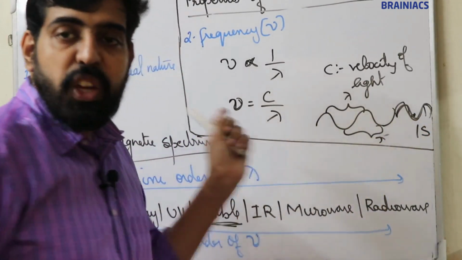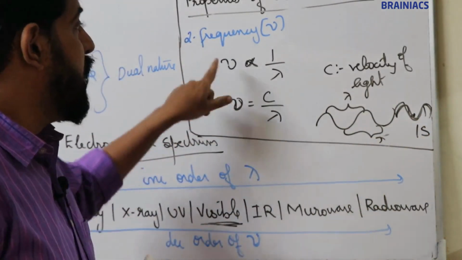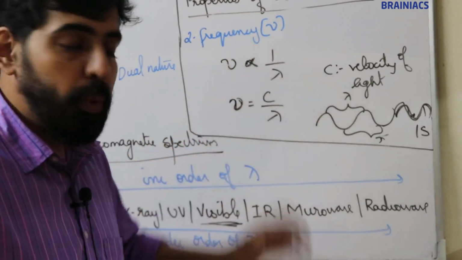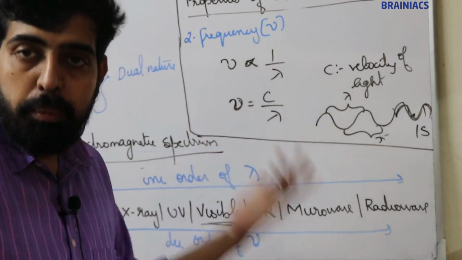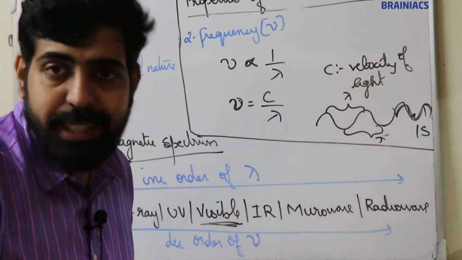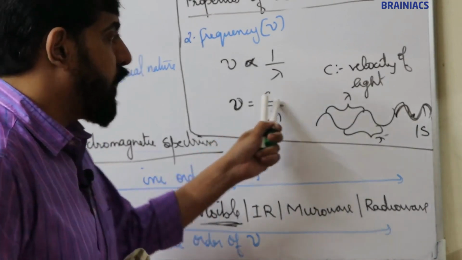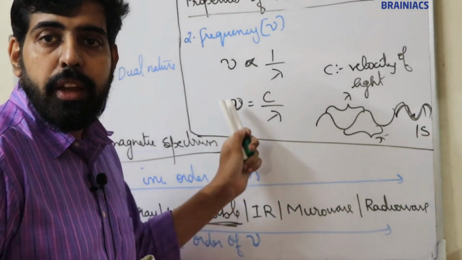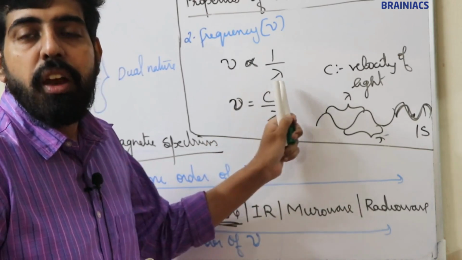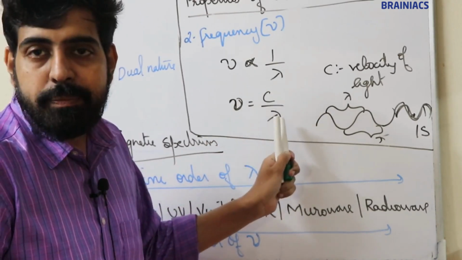Nu is proportional to 1 by lambda. Removing proportionality by multiplying with a constant, nu is equal to c by lambda. c is the velocity of light. This is the equation between nu, lambda and c. Frequency is equal to velocity of light by wavelength.